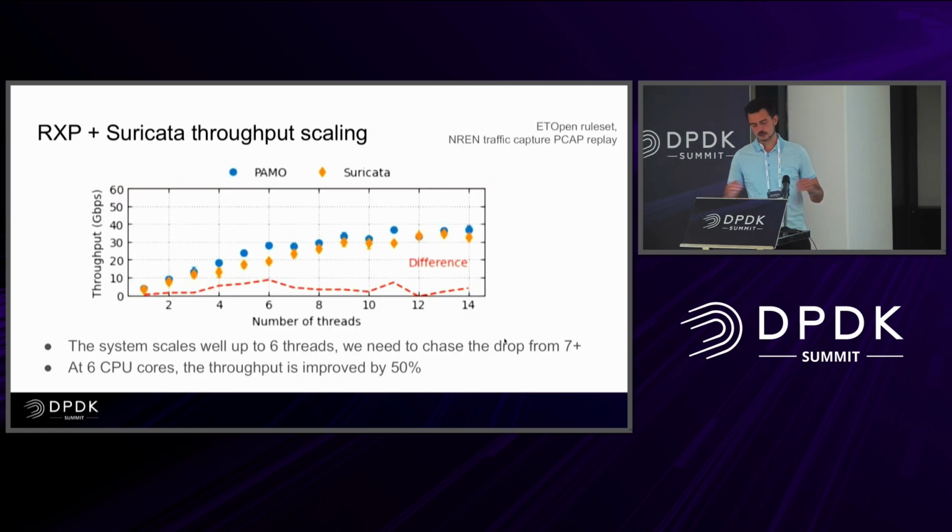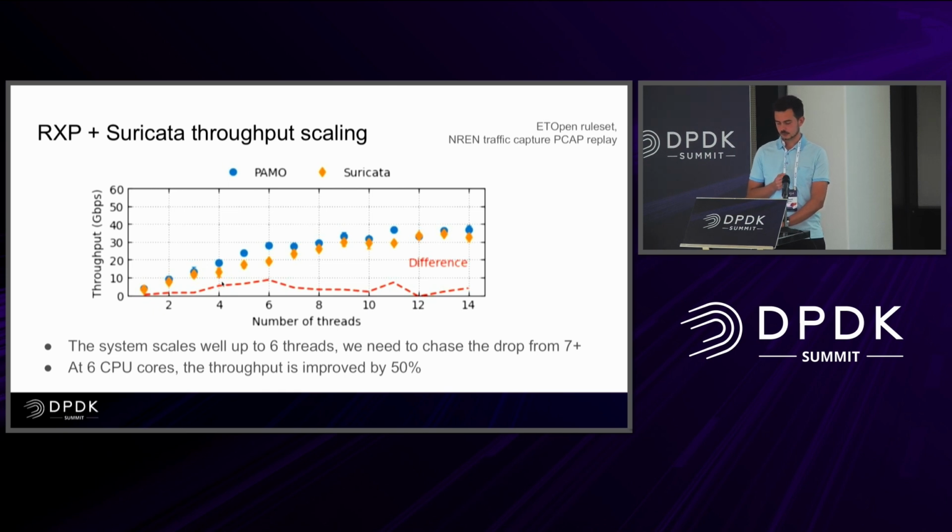Okay, so here are some final results. The blue dots are the proposed system. The orange rectangles are the baseline Suricata. We tried it with the Emerging Threats Open rule set again, and some academic trace that we captured and replayed on the system.